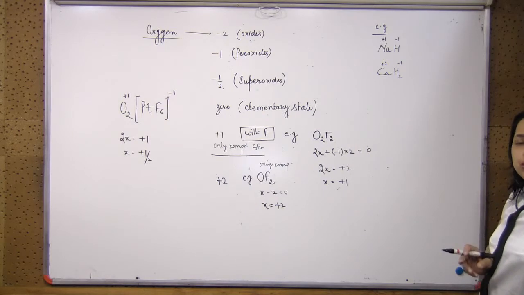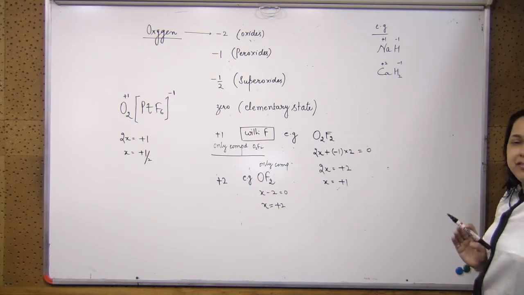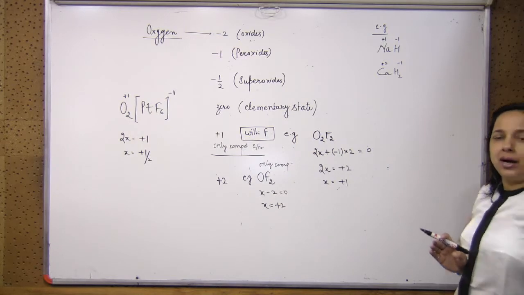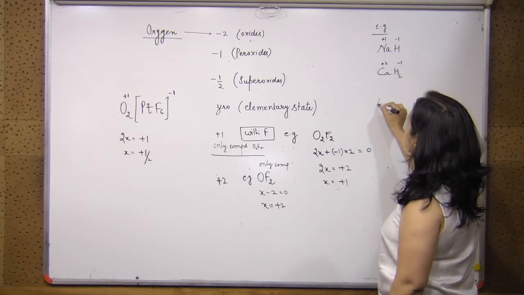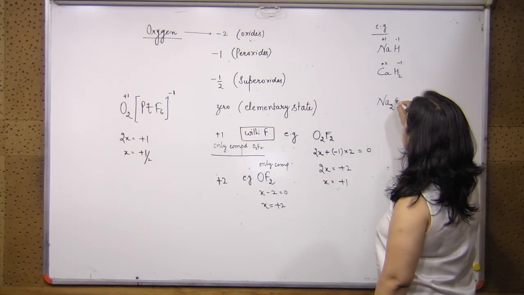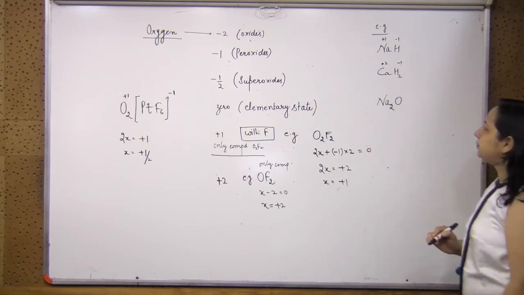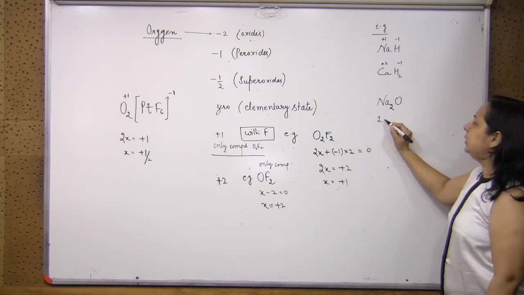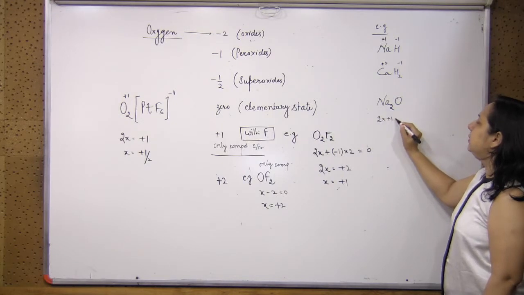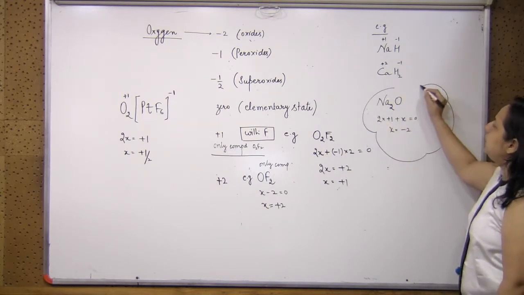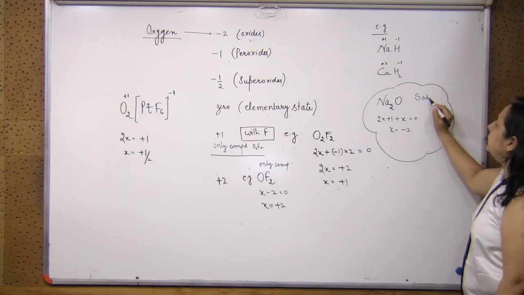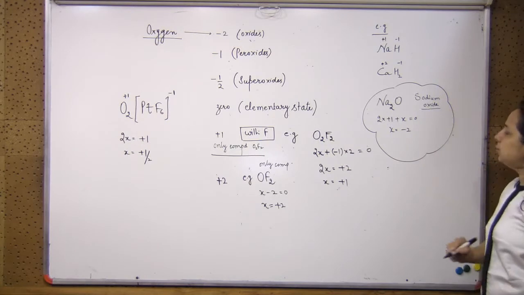We have calculated hydrogen. Same rule we can use for oxygen. We will take the fixed oxidation number of one element like alkali or alkaline earth metals and find oxygen. Let's see. If it is written sodium oxide, Na2O, sodium is always +1. It is 2 into +1 plus x is equal to 0. X comes out to be -2. It means this compound should be named sodium oxide because oxygen here is -2.